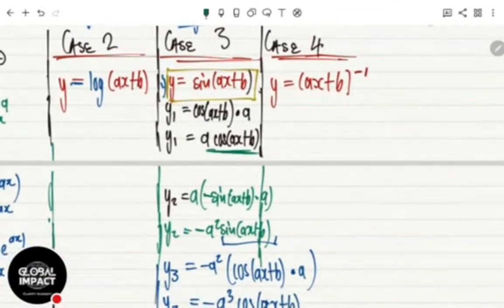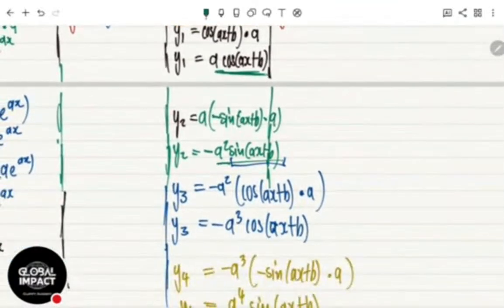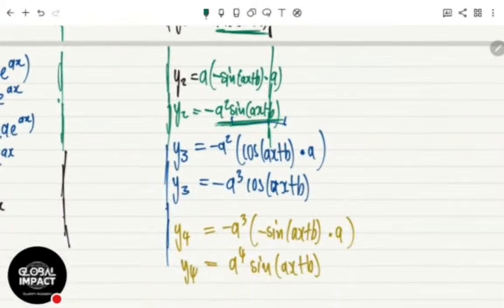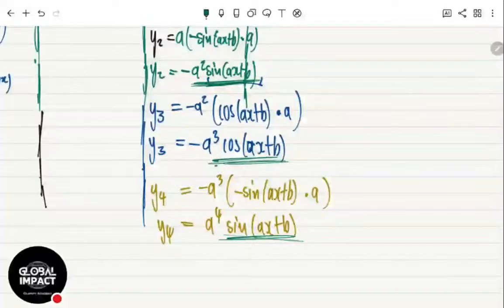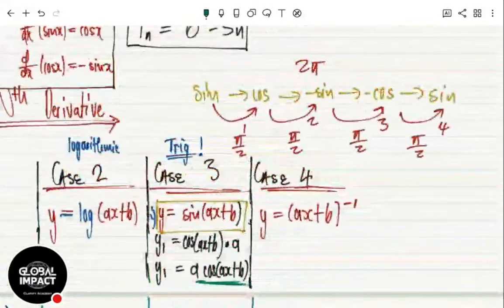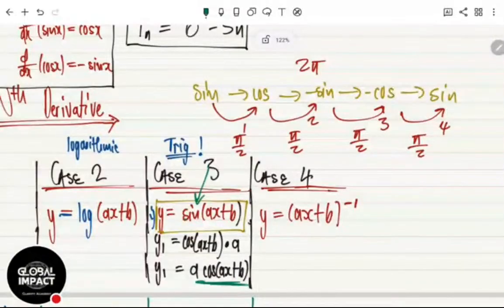In the second derivative it will be some sine. In the third some cos. In the fourth some sine. So here I'll ask you, in the nth derivative, are we going to put cos or are we going to put sine? In the nth derivative, you are going to put the same as the one you started with.